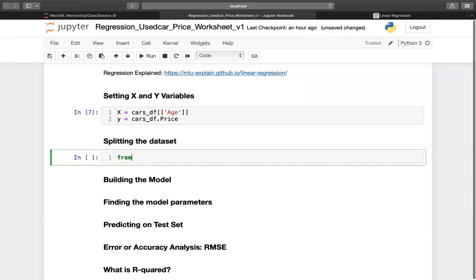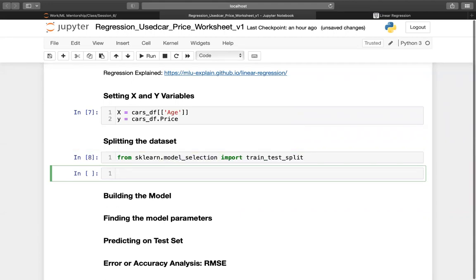To do that, we have to take help of the scikit-learn library. And if you remember, there is a module called model_selection, which is typically used for model validation and all that. There is a function called train_test_split, which you can utilize.